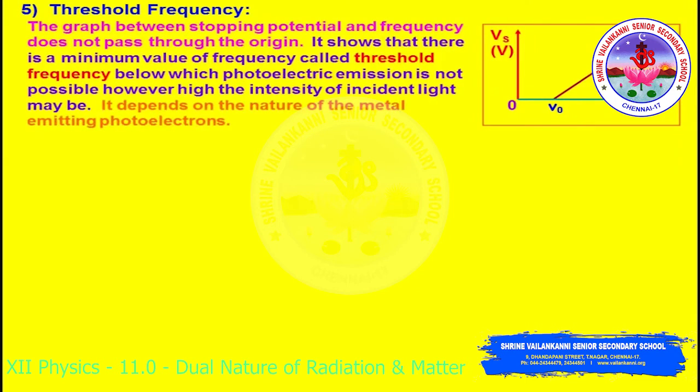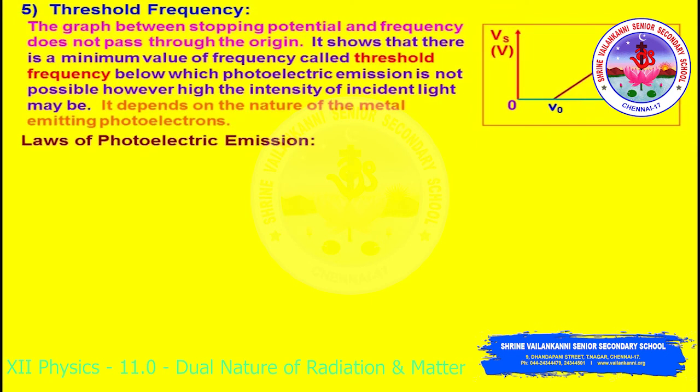It shows there is a minimum value of frequency below which photoelectric emission is not possible, however high the intensity of incident light may be, and it depends on the nature of the metal which emits photoelectrons, right?